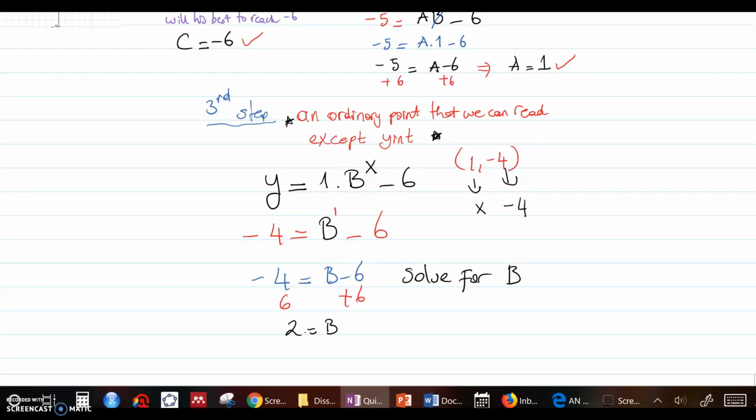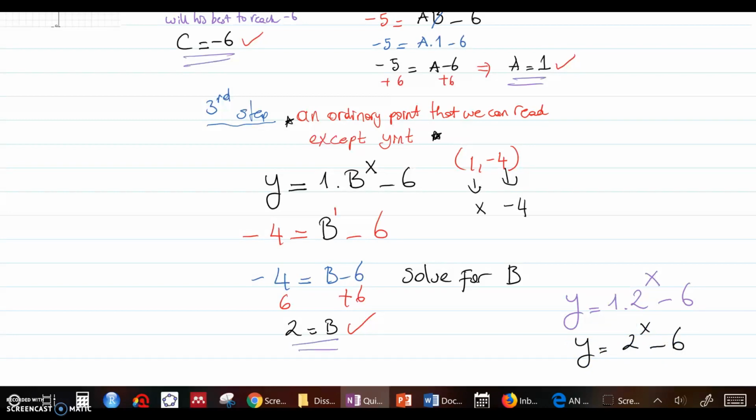So we got this one also. Now we're not done. Tiny little step left. We need to get these together to write the equation. So y will be equal to A, which is 1, if you really want to write it, B is 2, to the power x, minus 6. A better version of it: 2 to the power x, minus 6.